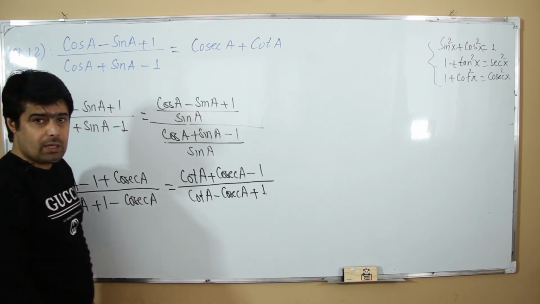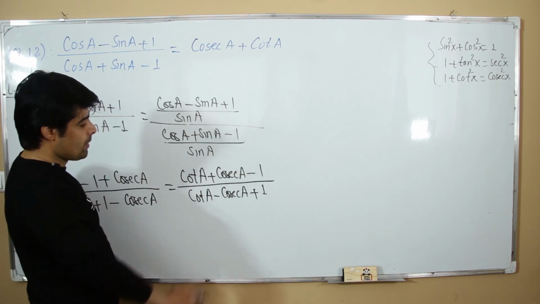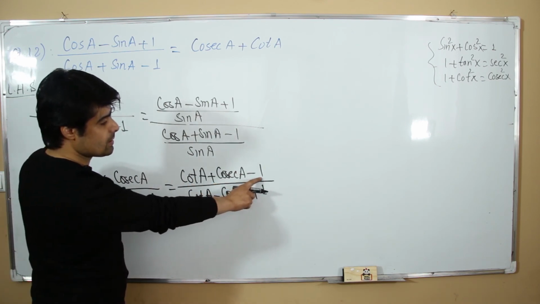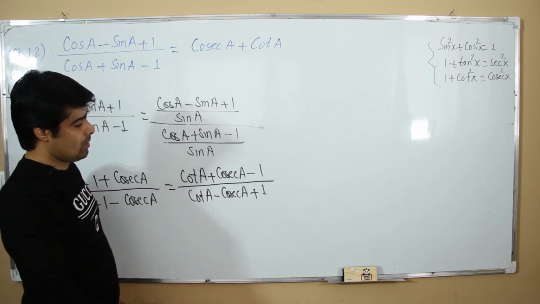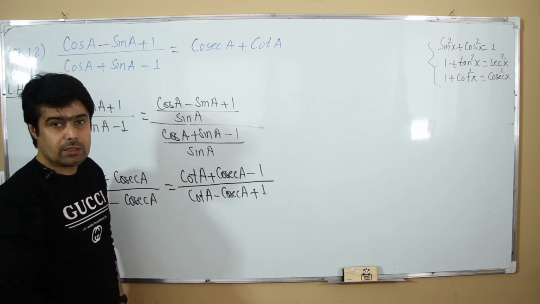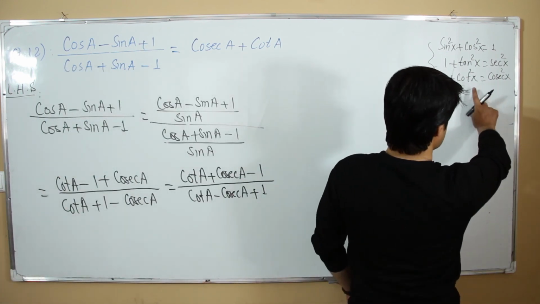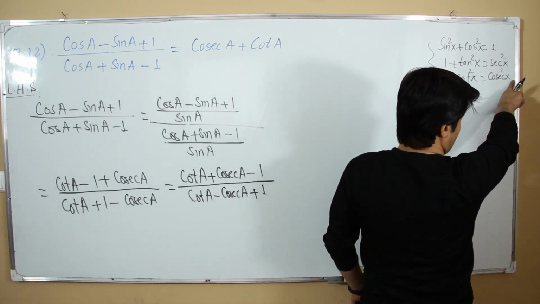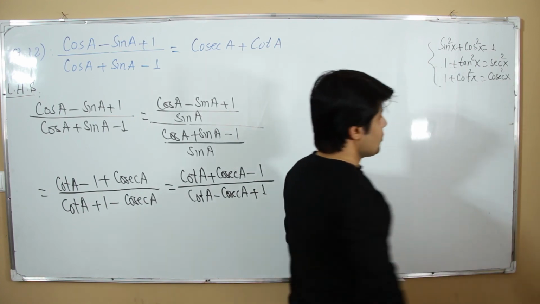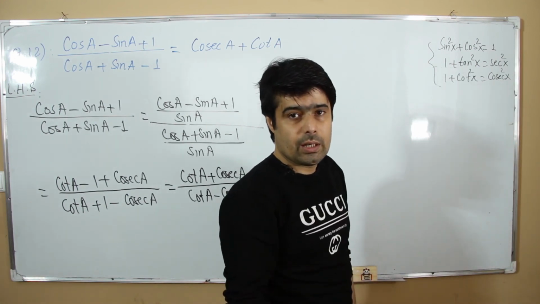Now, one thing I have to say is, you have cotangent, cosecant, and instead of 1, can I write cosecant square minus cotangent square? Yes, in here, listen to me. If I put cotangent to the RHS, you will have cosecant square minus cotangent square equal to 1.